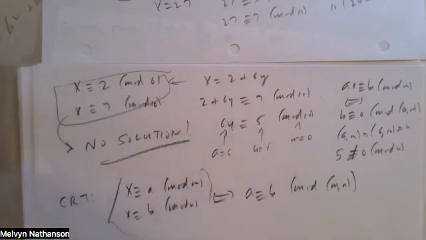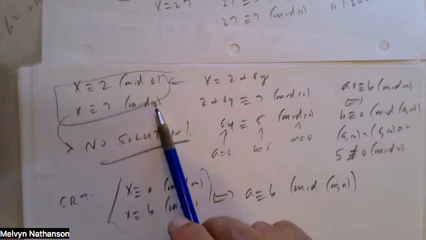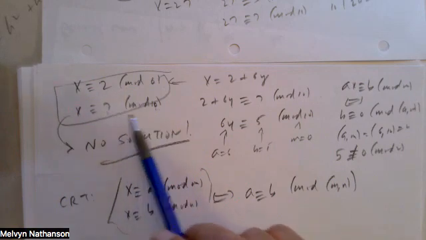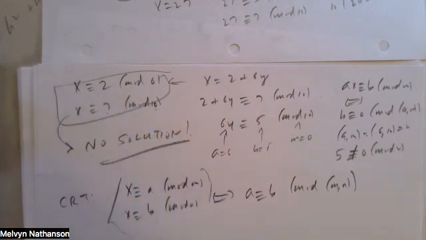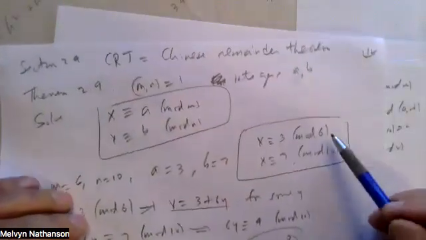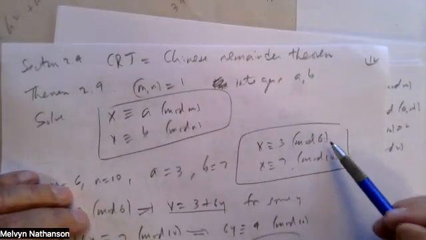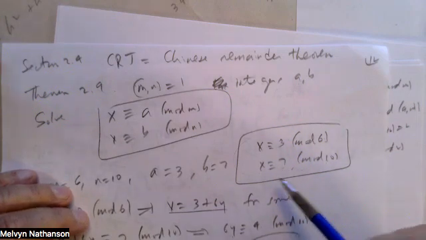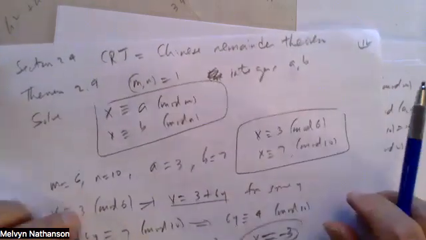See, in this case that failed, m and n were 6 and 10, respectively. Their greatest common divisor was 2, but 2 minus 7, that's minus 5, is not divisible by 2. So there was no solution to this pair of congruences. Whereas in the first pair we looked at, again, the greatest common divisor of 6 and 10 is 2. 3 minus 7 is minus 4, and minus 4 is divisible by 2. So this pair of congruences did have a solution.